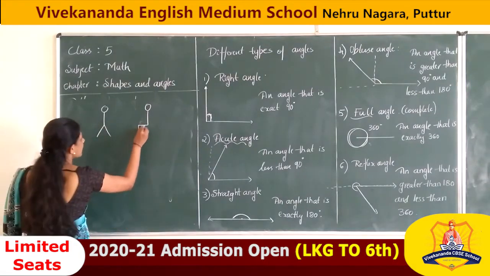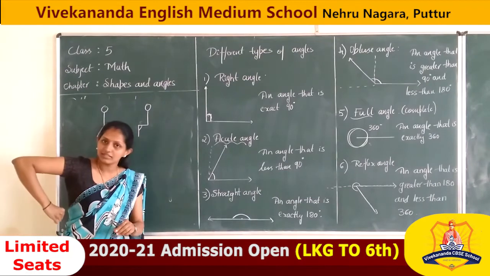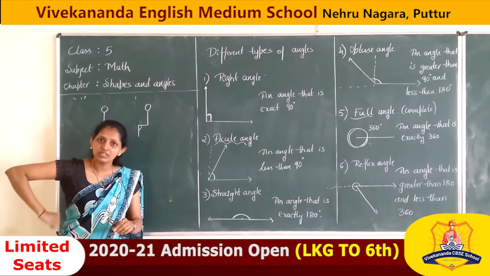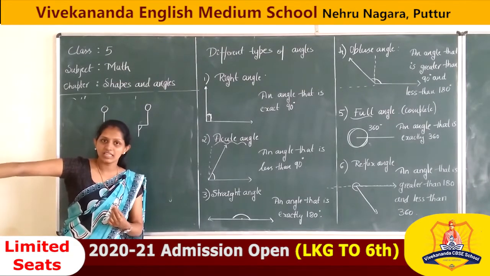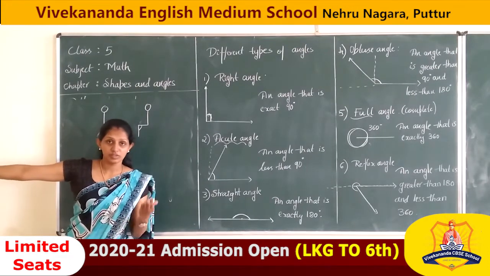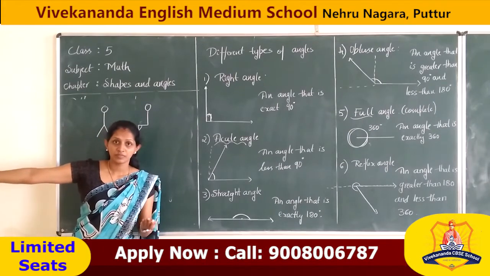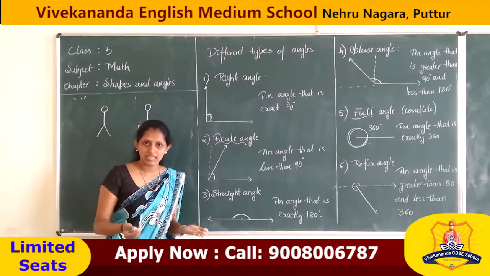This angle is now 90 degree. When a leg becomes like this or like this, it becomes less than 90 degree or greater than 90 degree, correct? When I stretch like this, like some yoga poses, we can get a straight angle, that is 180 degree.